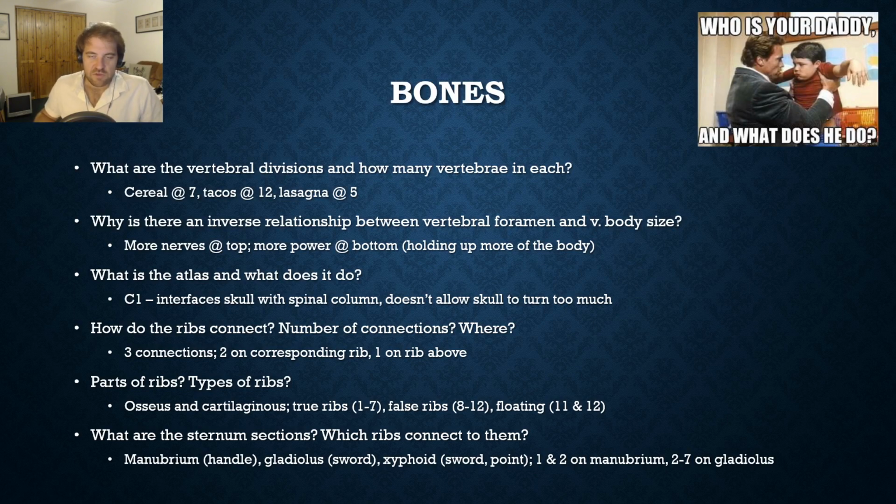The number of connections for each rib on the back in the spine, which is what I meant by this question, is there are 3 connections. You're going to have 2 connections on the corresponding rib and 1 on the rib above. So on the corresponding rib, you have the superior costal facet and the transverse facet. And on the one above, you have the inferior costal facet.